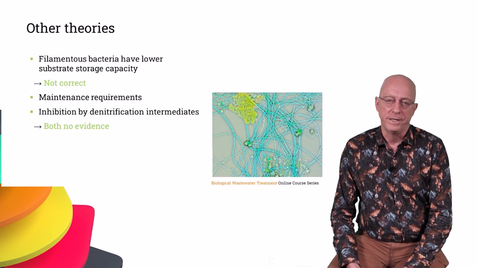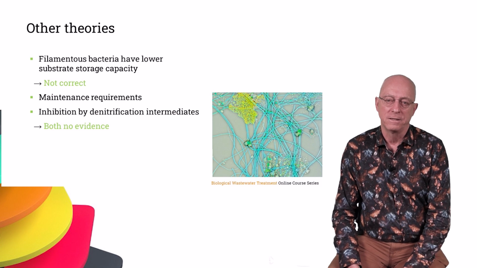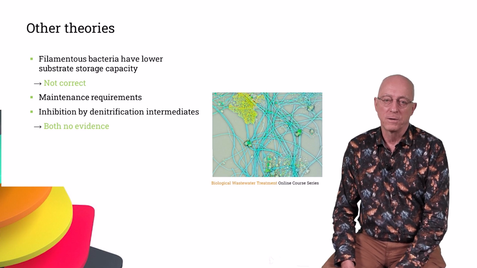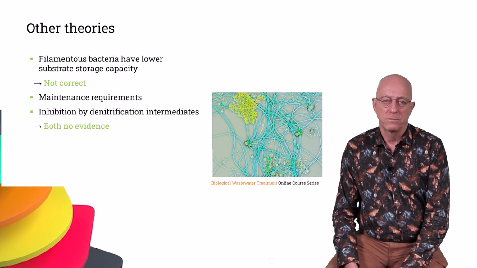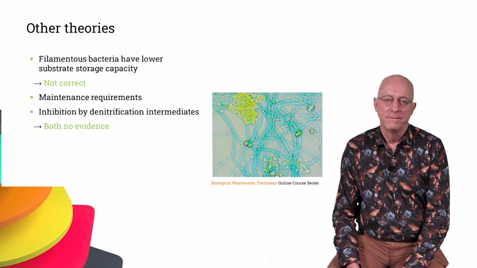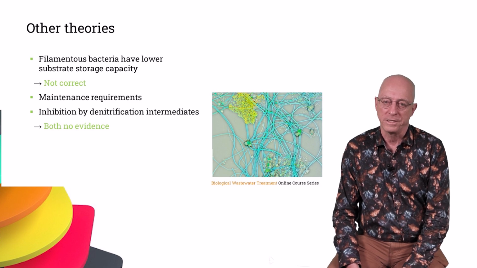There are several theories in the literature, besides the kinetic selection theory, that try to explain why filamentous organisms could win the competition from floc forming organisms. The first one, which has been around quite a while, is that filamentous bacteria have a lower capacity for substrate storage.